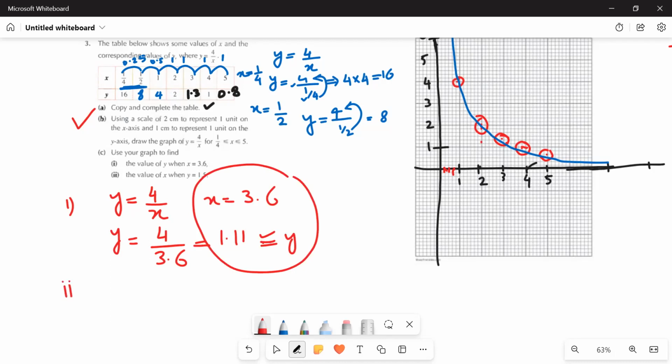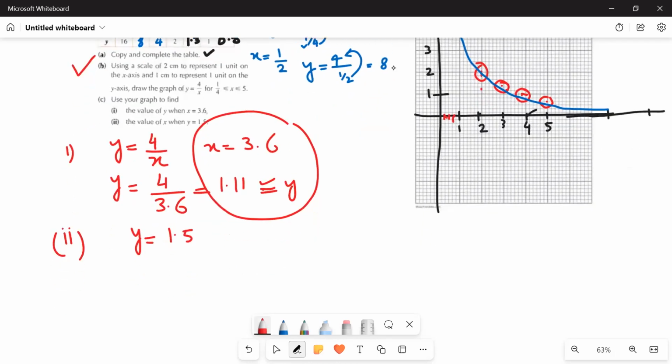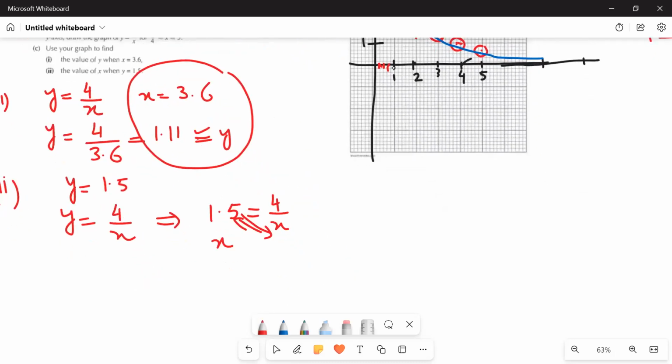Now the second part is the value of x when y is equal to 1.5. Now we have to find x. So y is equal to 4 by x is the function. Now we are putting the value 1.5 equal to 4 by x. Now cross multiply, x will shift here and this 1.5 will go down.